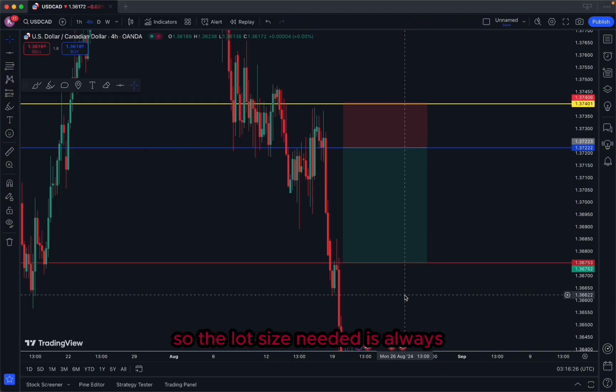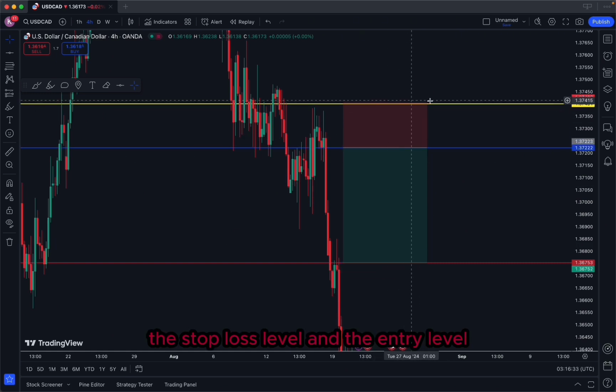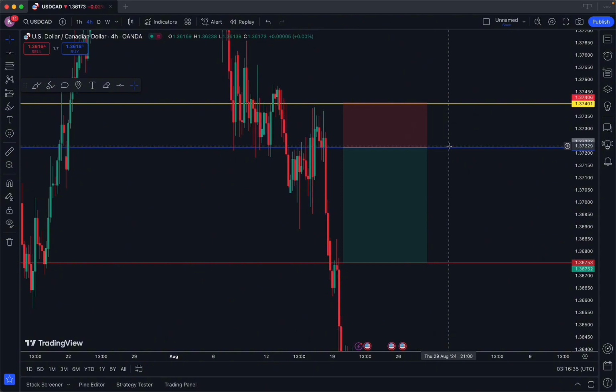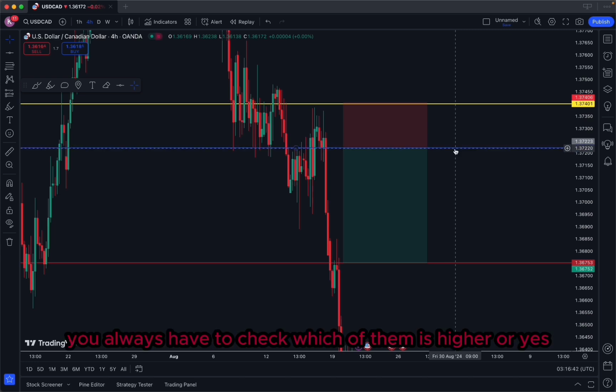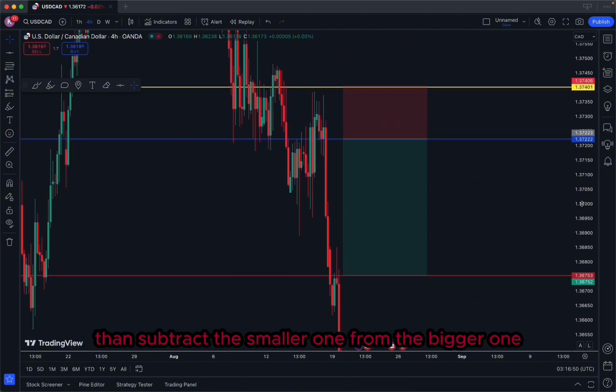So the lot size needed is always calculated by using the stop loss level and the entry level. And for you to find the lot size needed, you always have to check which of them is higher, then subtract the smaller one from the bigger one.